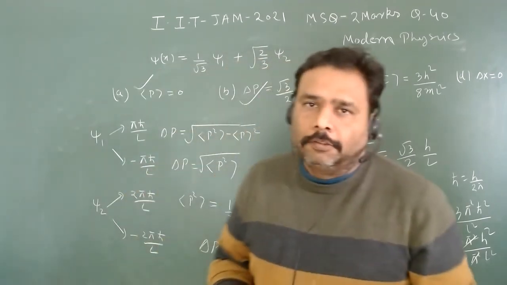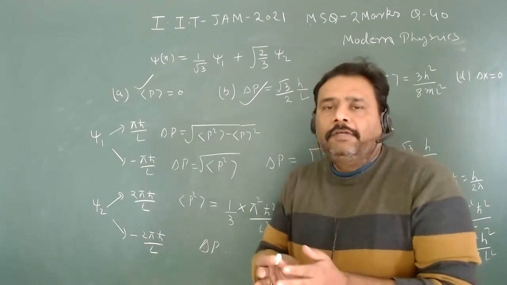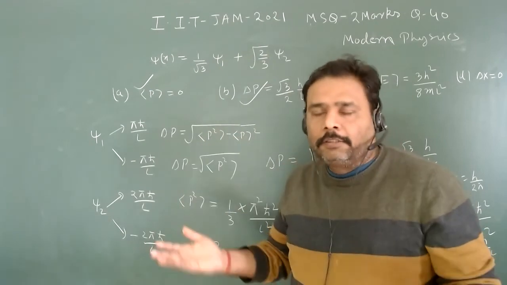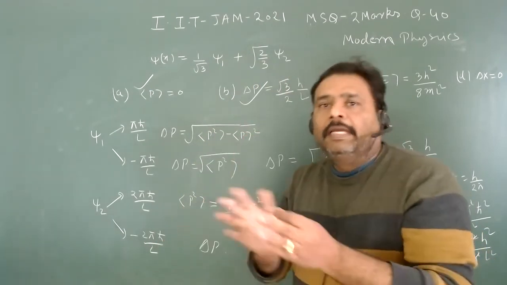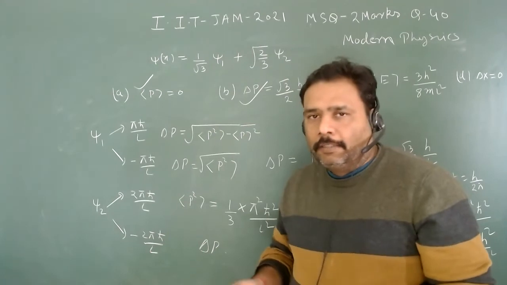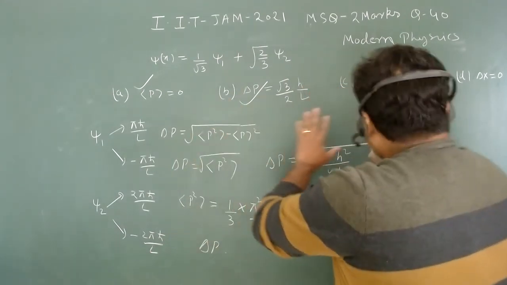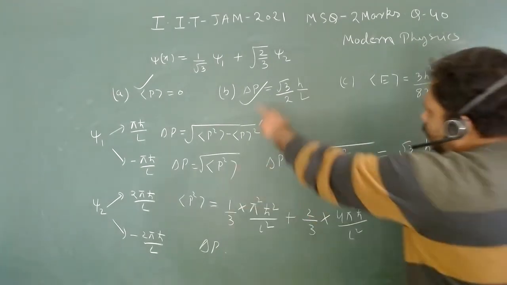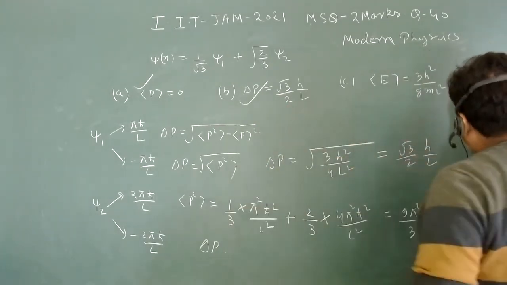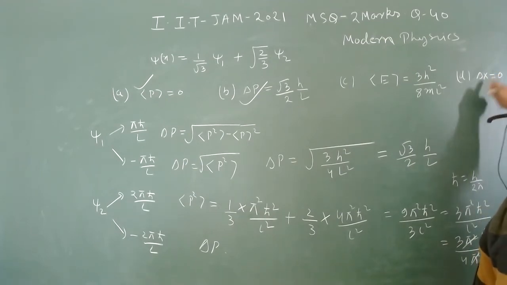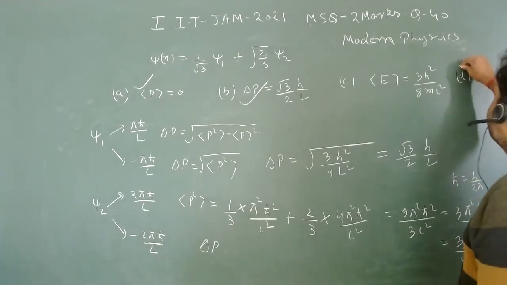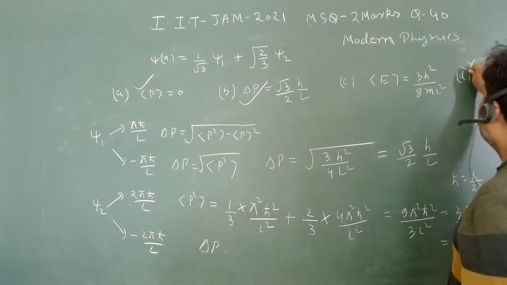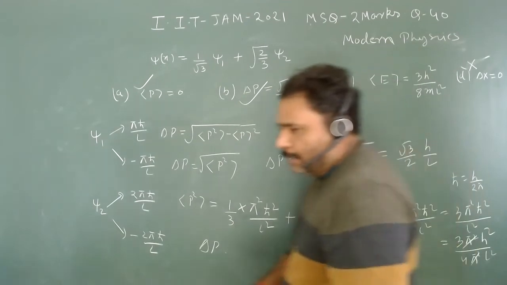It should not be equal to 0, because if delta x were 0, then delta P would go to a very large number, something like infinity, which is not possible here. So we need not calculate this particular thing, because if delta P is finite, it ensures that delta x will not equal 0. So this option is wrong.